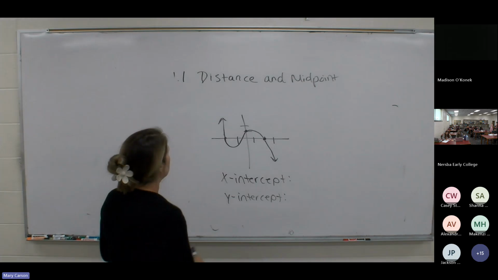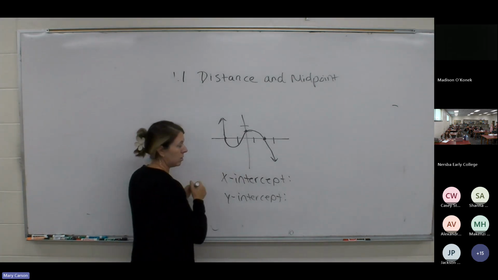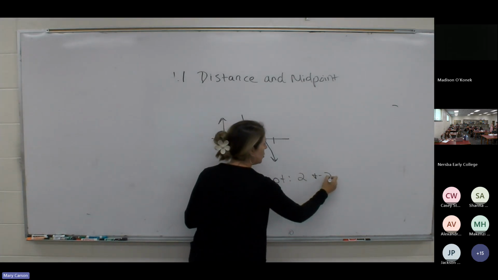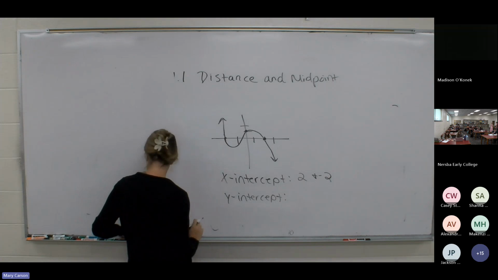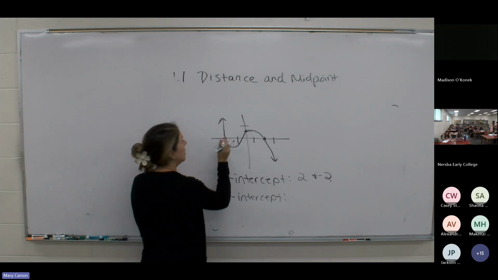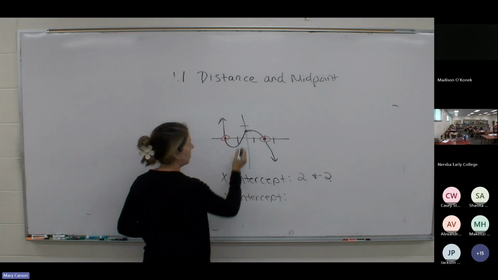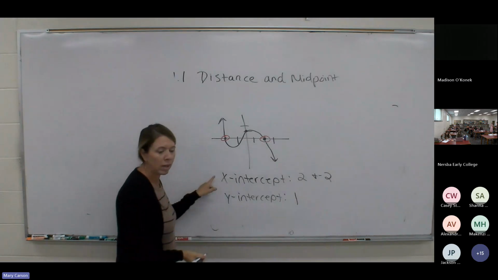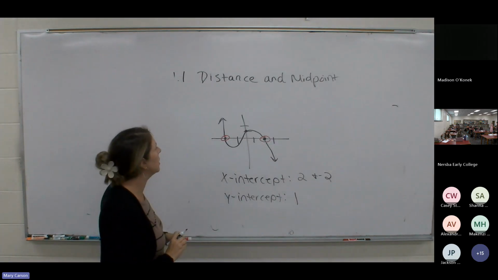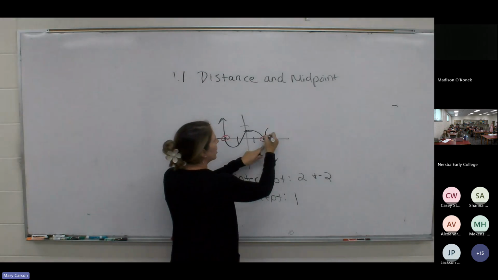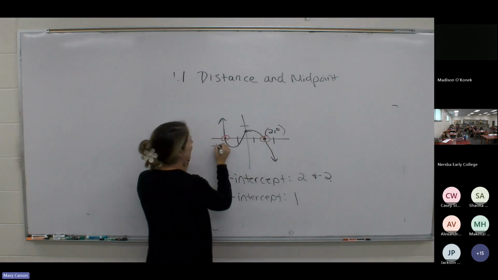Okay, so 2 and -2 are going to be your x. So here and here, your x are where it crosses the x-axis, and then the y is going to be at +1. So you guys also have to tell me specifically, this is the ordered pair 2, 0 and -2, 0.